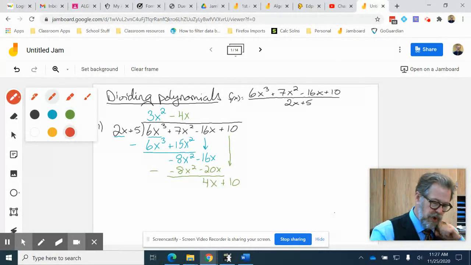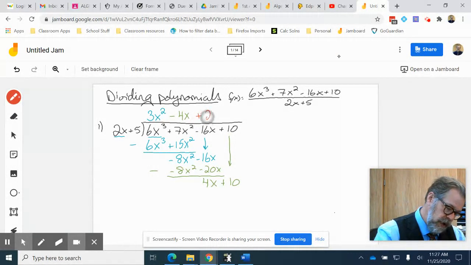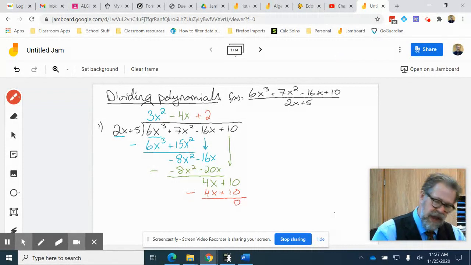Doing this one more time, how many times does 2x go into 4x? It goes in 2 times. I multiply and I get 4x plus 10. And notice that in this case, I have no remainder.